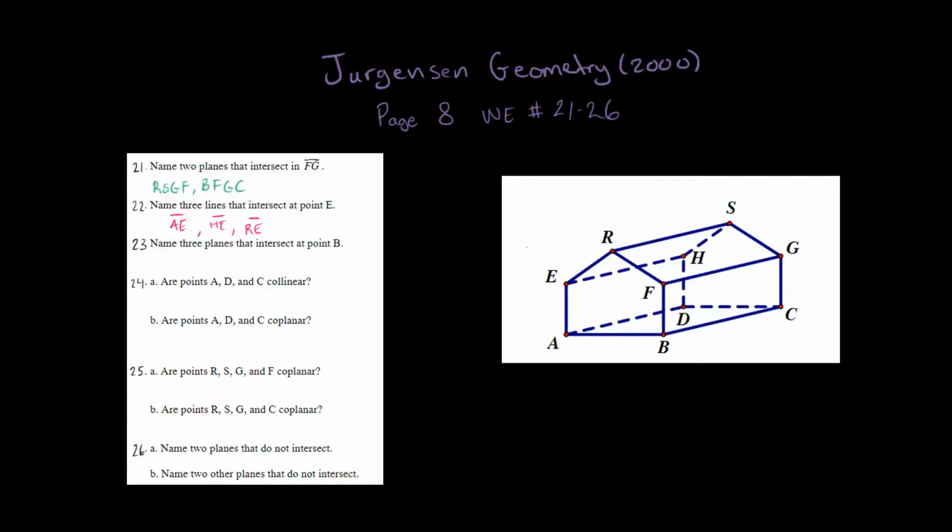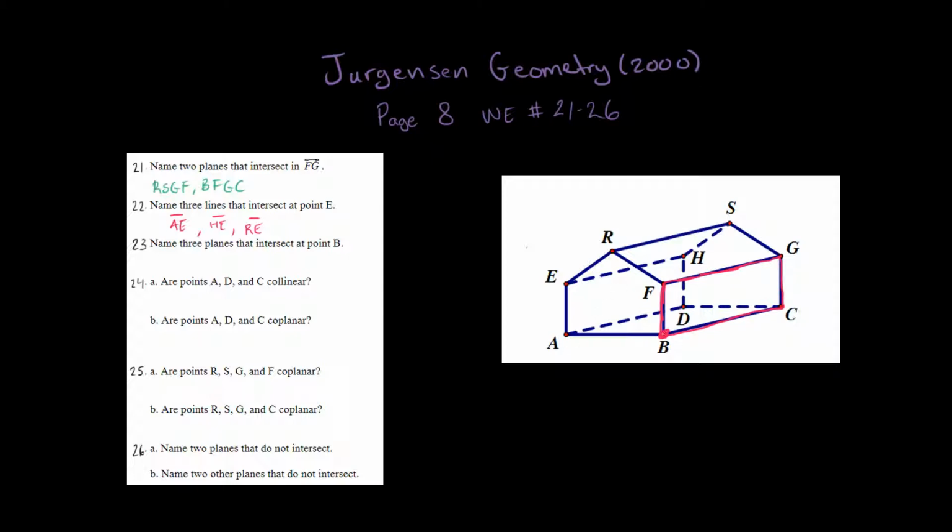Number 23 asks, name three planes that intersect at point B. Similar to what we did in number 21, where we outlined the planes that touch line FG, we're going to do the exact same thing. We're going to outline all the planes that touch point B. One of our planes that touches point B is this plane right over here.